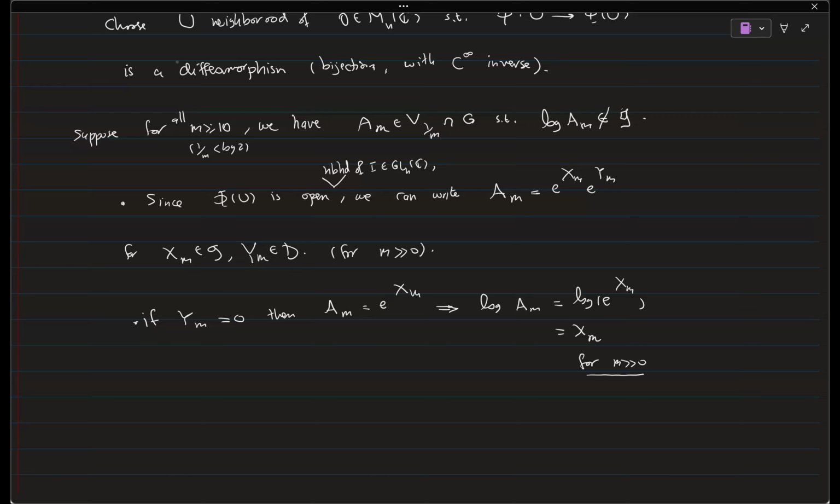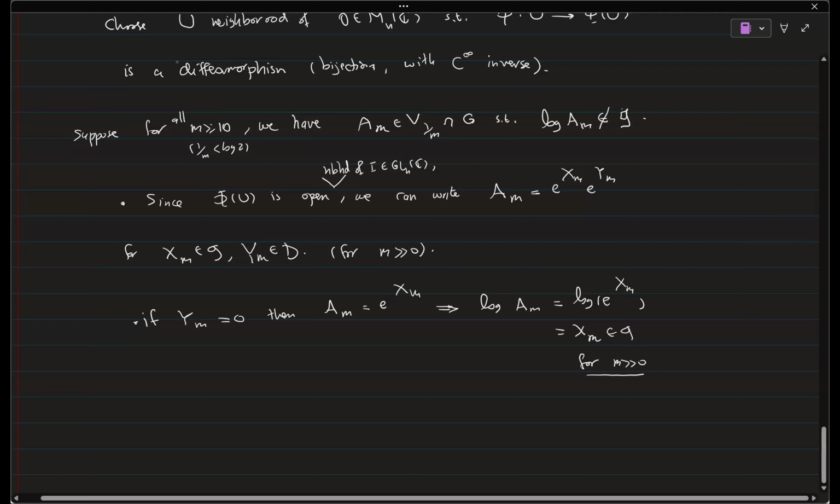So what is the meaning of this? The meaning is that the log is actually in G. Hence log AM belongs to G for m sufficiently large, and that's a contradiction. So the assumption that Ym is 0 for sufficiently large m is a contradictory assumption.